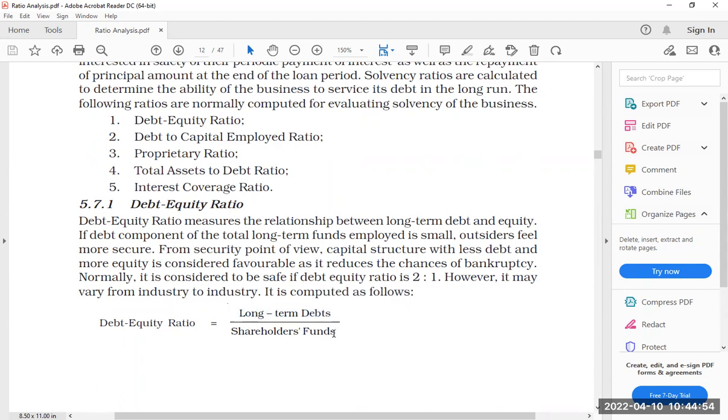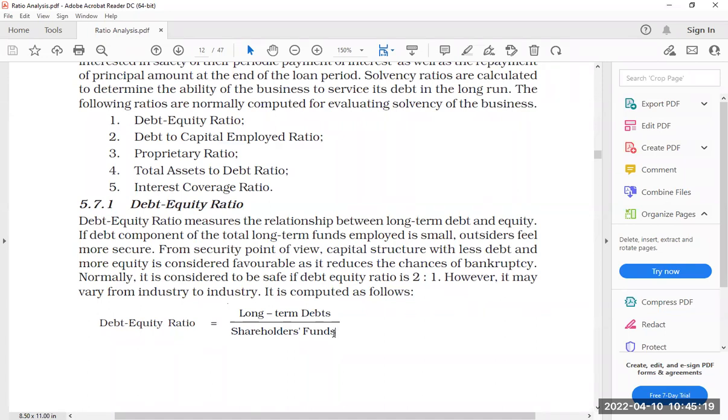How do you know these two things? Both are from the balance sheet. We can take long-term debt as well as shareholder fund from the balance sheet.